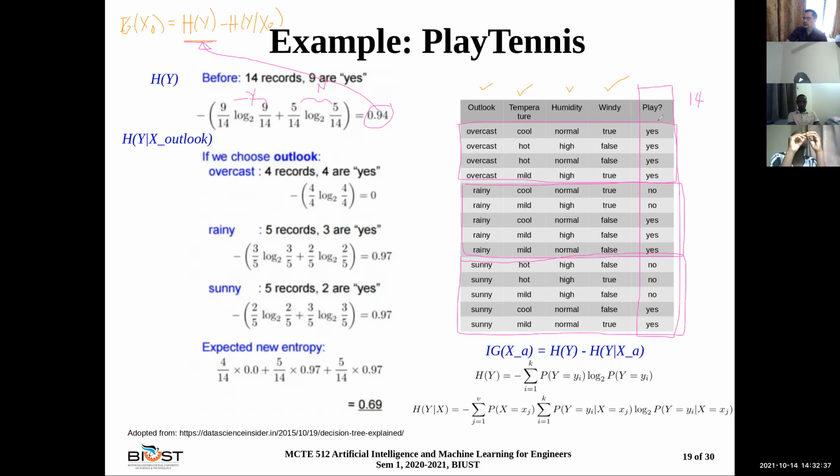In the case of overcast, there are no records of no and four records of yes.